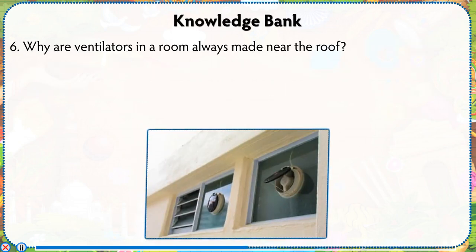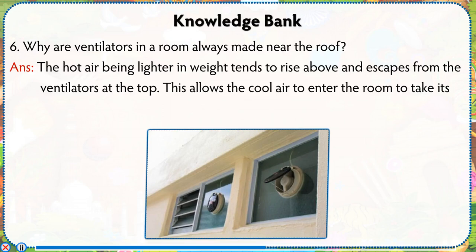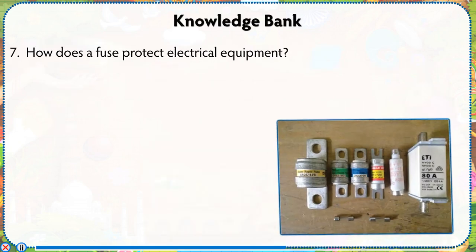Sixth, why are ventilators in a room always placed near the roof? The hot air, being lighter in weight, tends to rise above and escapes from the ventilators at the top. This allows the cool air to enter the room to take its place. In this way, the cool air that keeps on replacing the hot air makes the room cool.